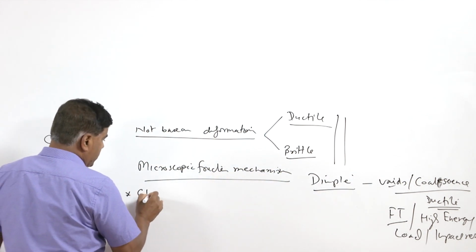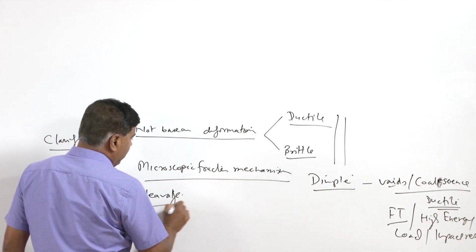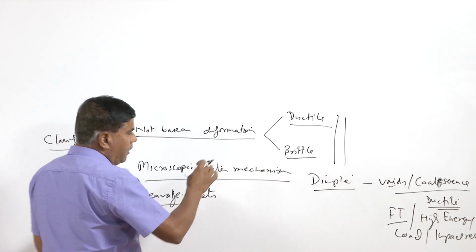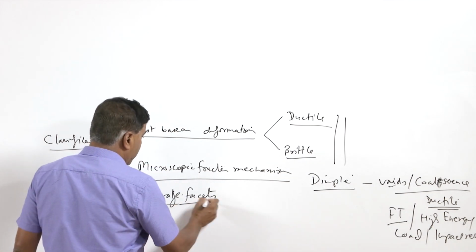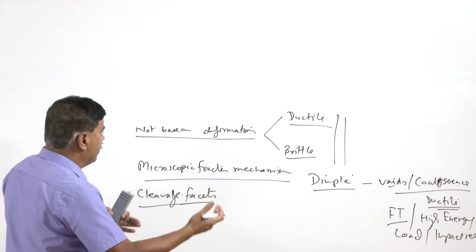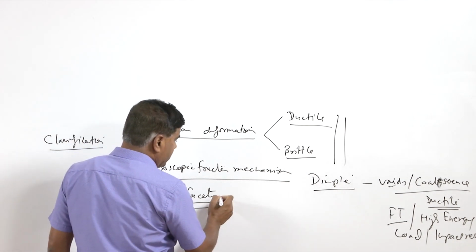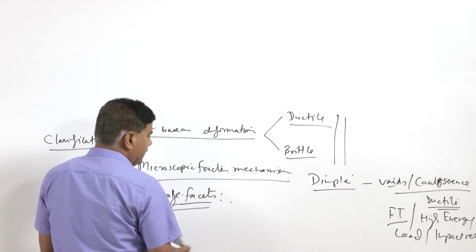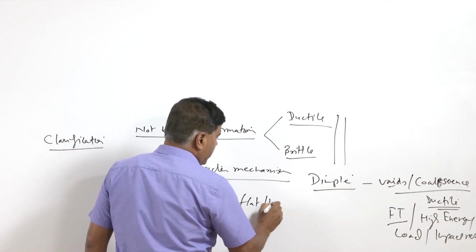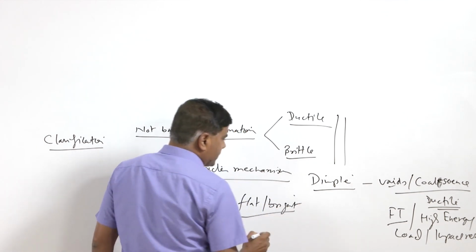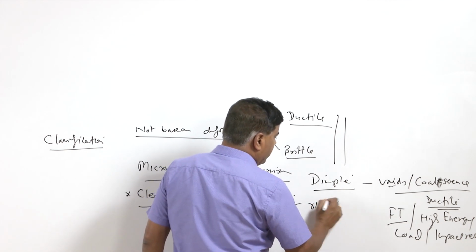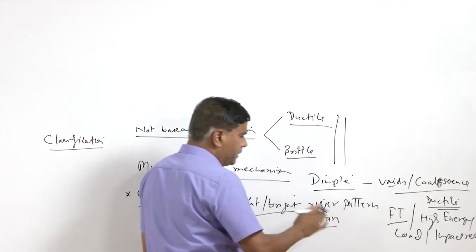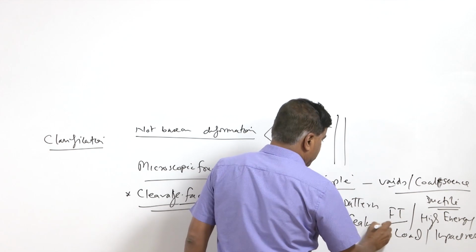Similarly, the presence of cleavage facets on the surface. I will show through the slides how to recognize and what interpretations can be made through the different microscopic features. So cleavage facets are basically the flat, bright microscopic surfaces which appear in the form of river patterns, also called fan shaped features on the surface.